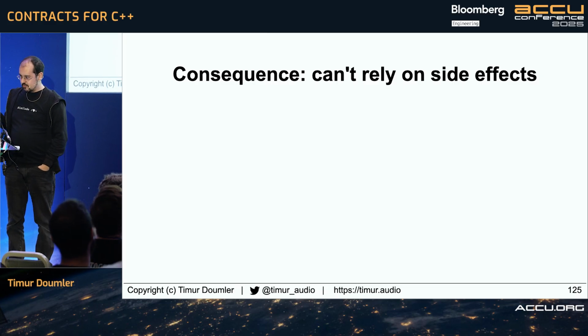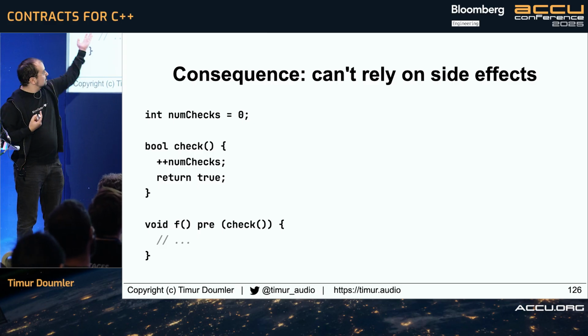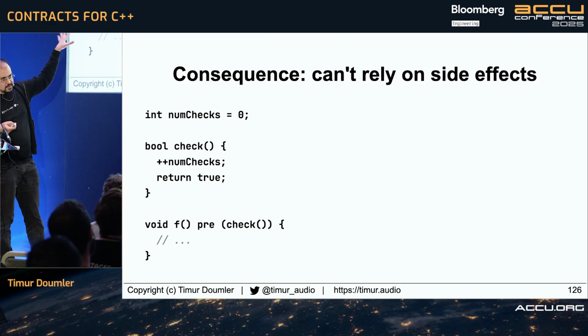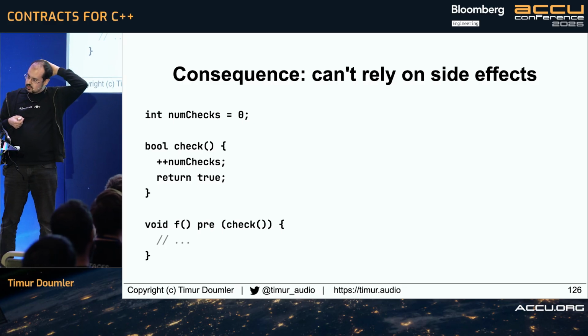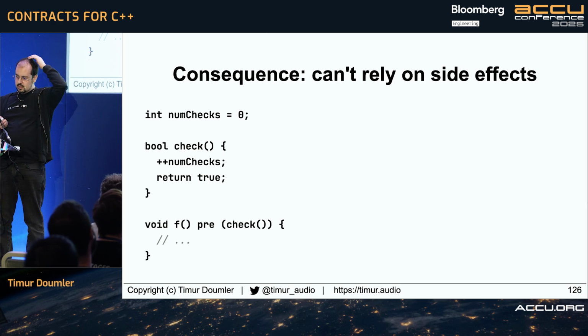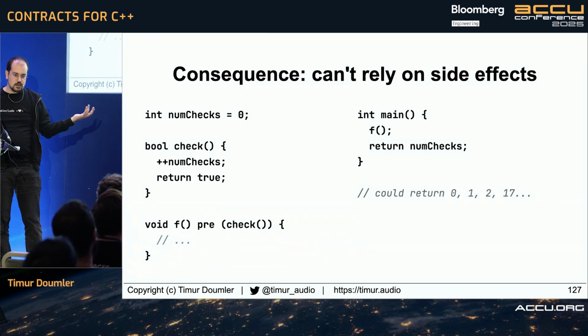Very concretely, if you have, for example, a check function that returns true or false or whatever, and then increments a global counter as a side effect, and then you use that function in a precondition assertion or in a contract assert or in a post, and then you call that function, you don't know what the counter is going to be.